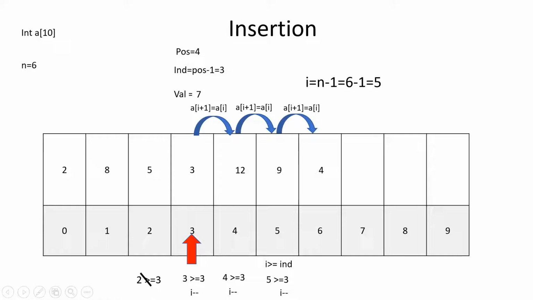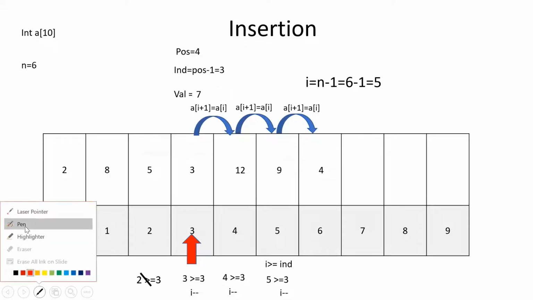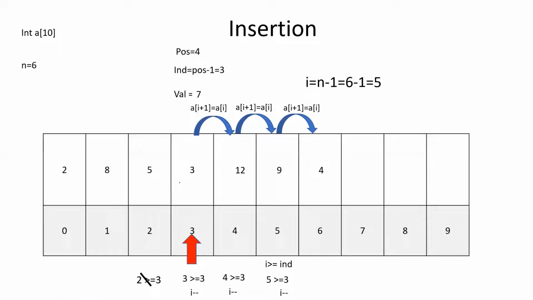So at the position where the user asked to insert, we have to insert the number 7. A of int position, and int position is 3, right? So at A of 3 we will be assigning val, the value the user wants to insert, 7.